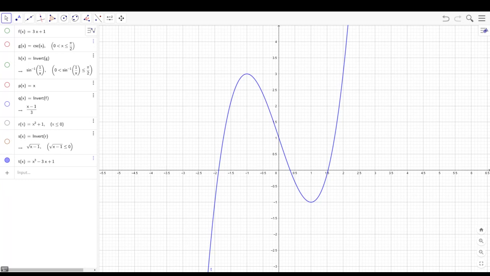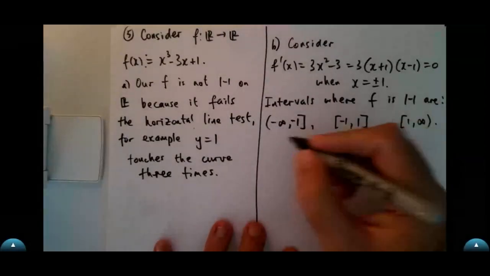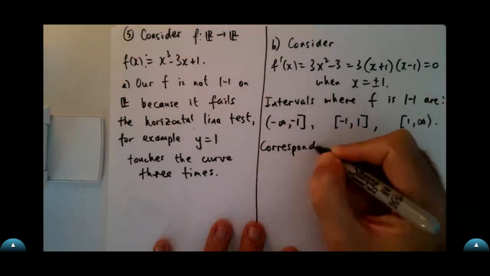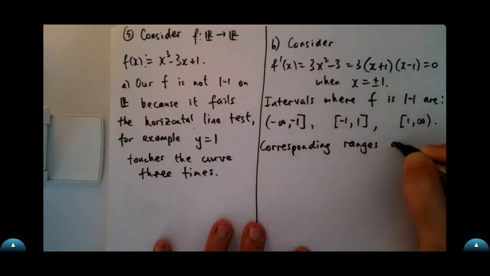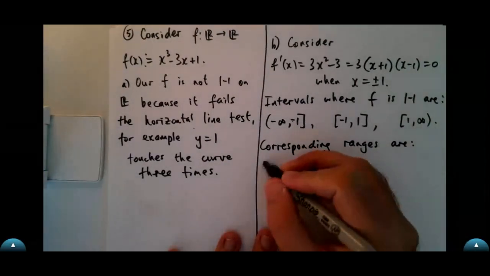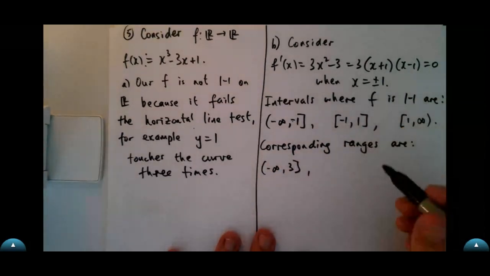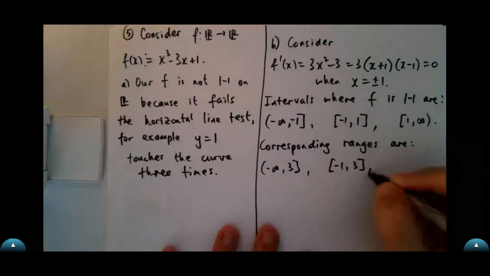So let's go back to the document camera. So this is the corresponding domains, and then the corresponding ranges. Okay, so between there and there, we worked out it to be negative infinity to 3. And on this interval, it was between -1 and +3.